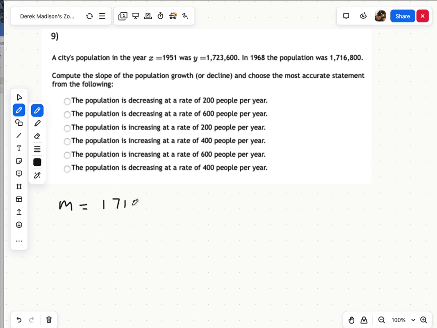So 1716, 0, that's an 8, 0, 0. Subtracting this one, and that's going to be 1968 minus 1951.